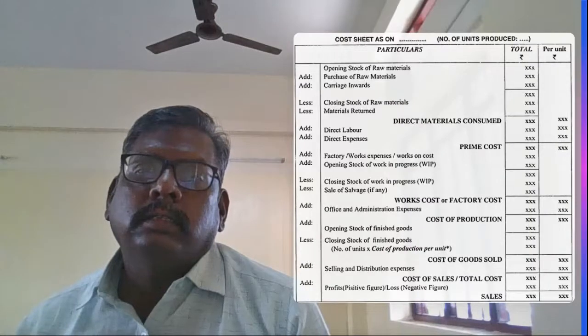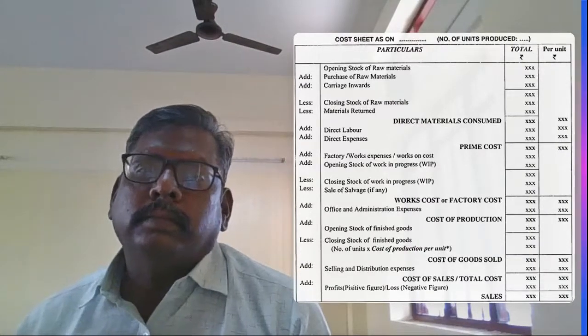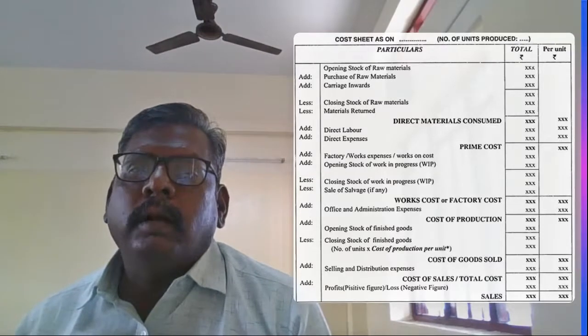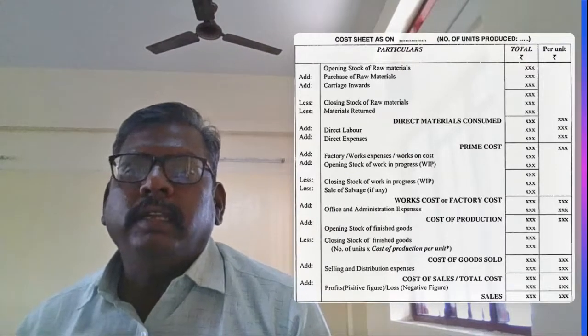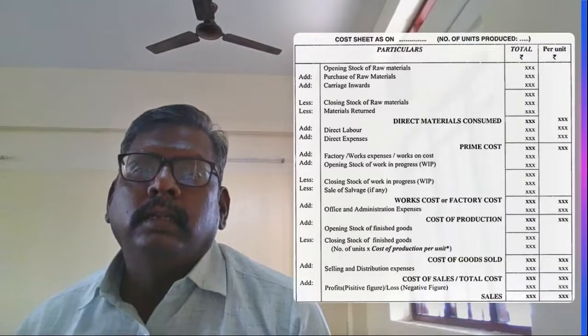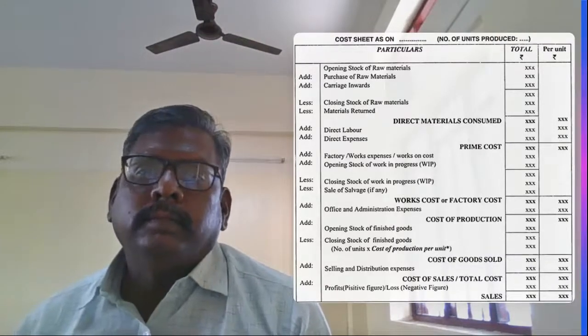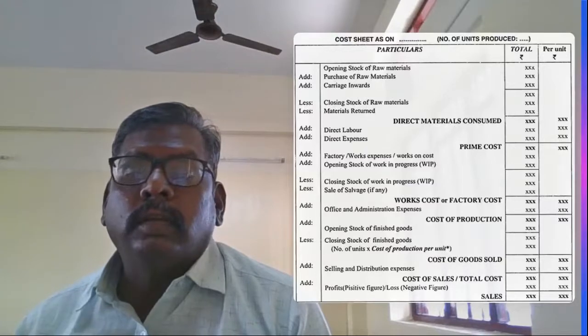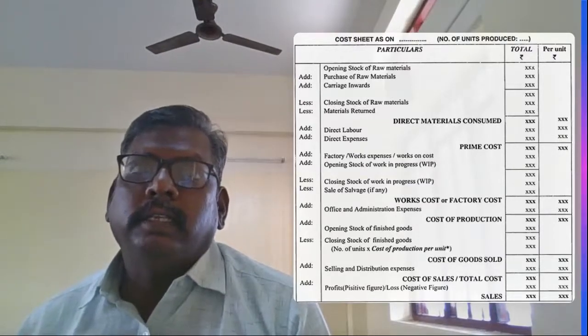So these three costs are called the prime cost. To the prime cost, we have to add the factory cost. The other name of factory cost is work cost. That means the costs involved in the factory to manufacture the product.